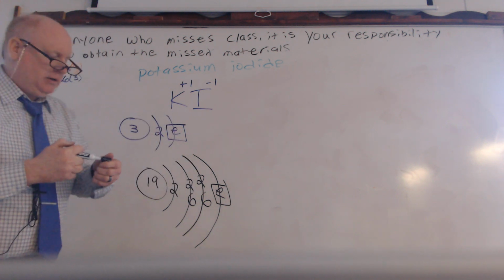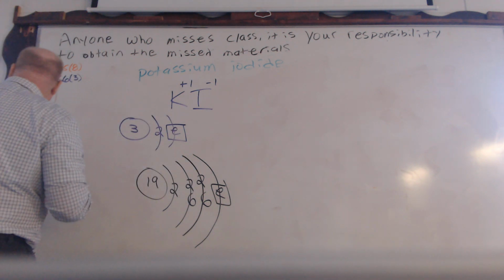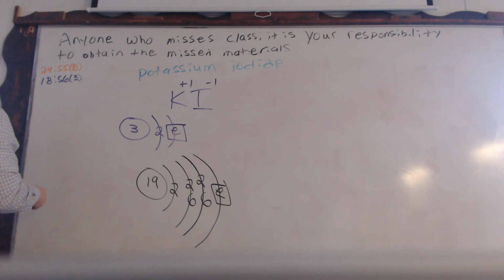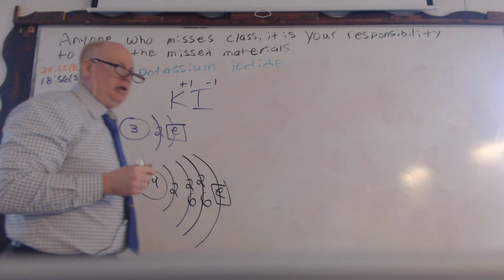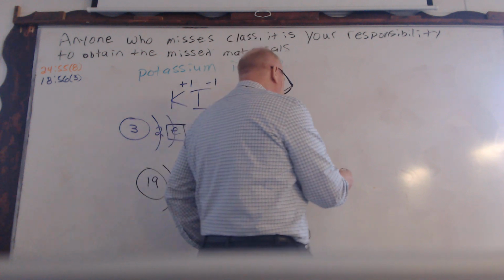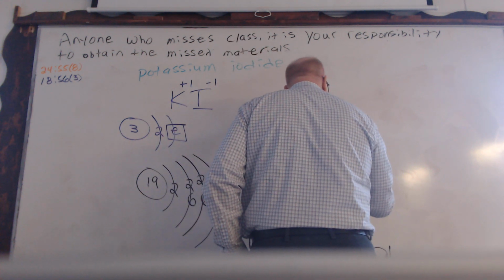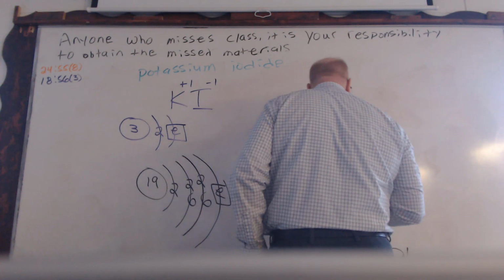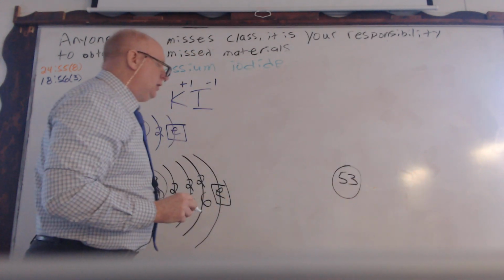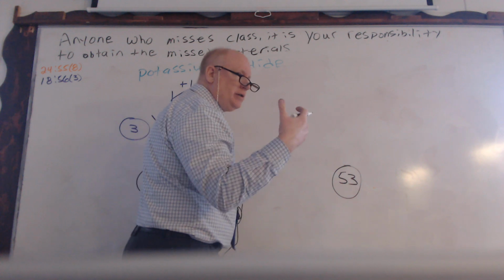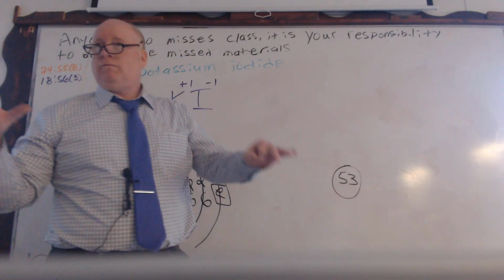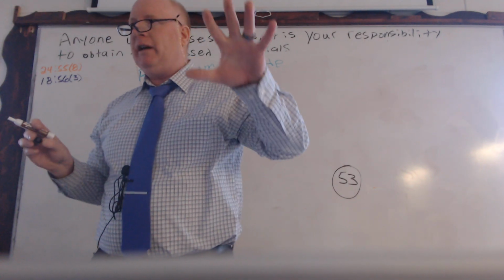Okay? Now we're going to really test ourselves out and do iodine, because you will be doing elements that big for your activity. So what is the atomic number for iodine? Okay? So again, follow your slide rule. Do you want one of your classmates to explain this?